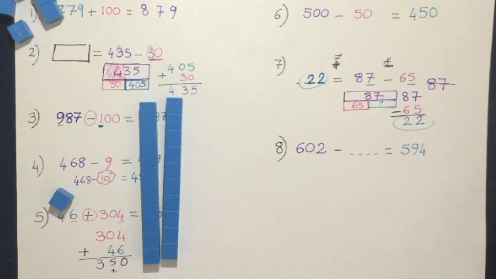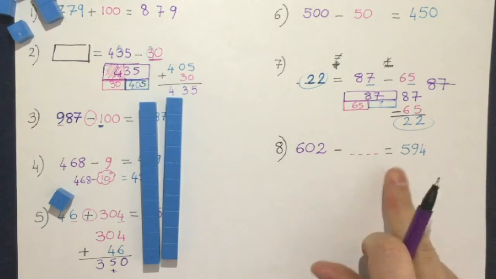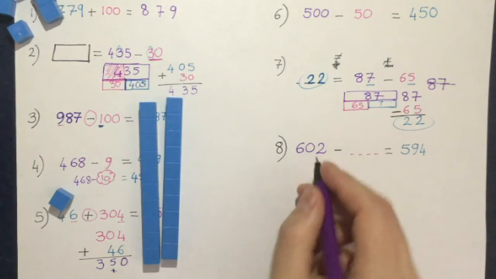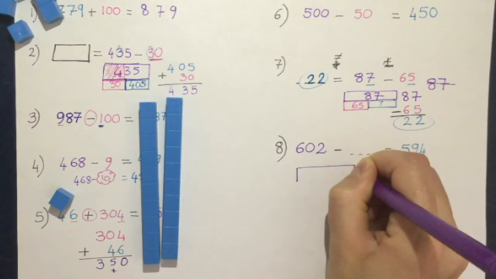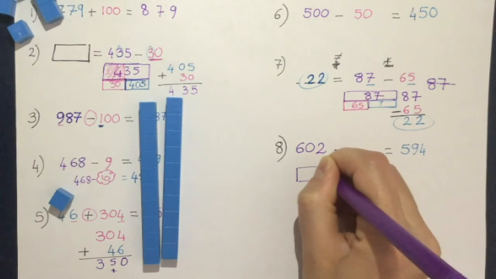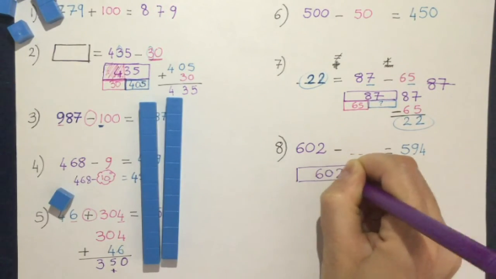Now, final one. 602 take away something equals that. So I have my minuend here, the number that becomes smaller, 602.